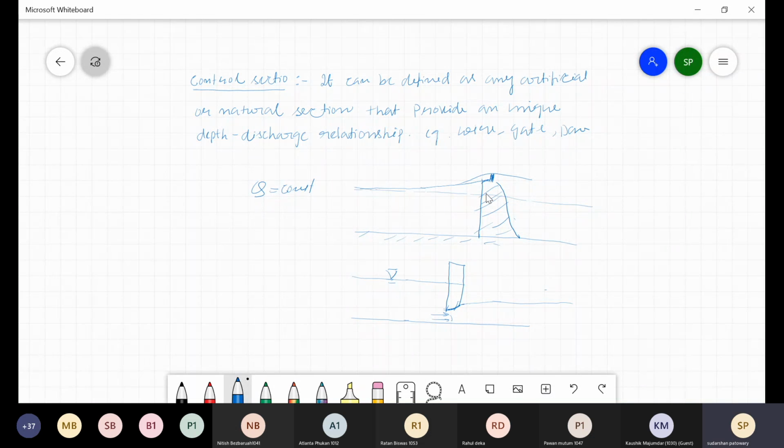So at this position, you know the depth and discharge because the discharge is the same. And the depth and the gate opening together make this also a control section. Clear?